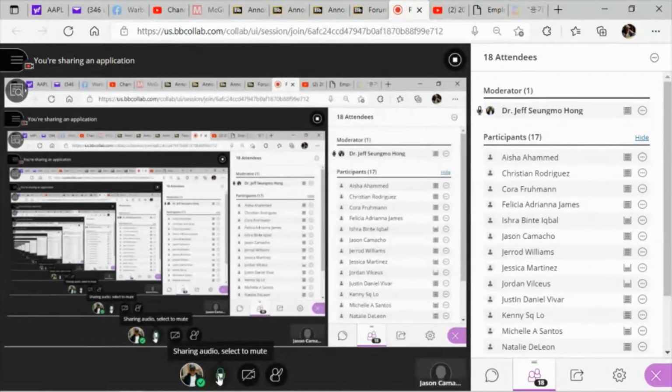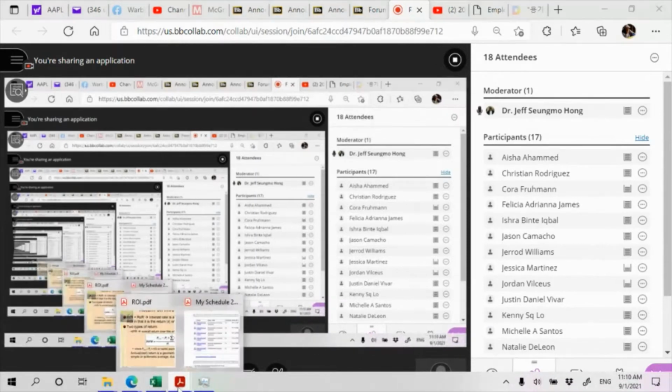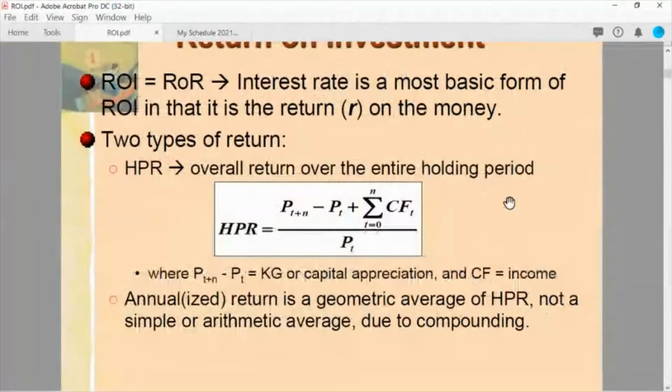So, without further ado, let me go back to where we left off last time. What we were talking about was that holding period return needs to be standardized, right? Because holding periods can vary between different investors.